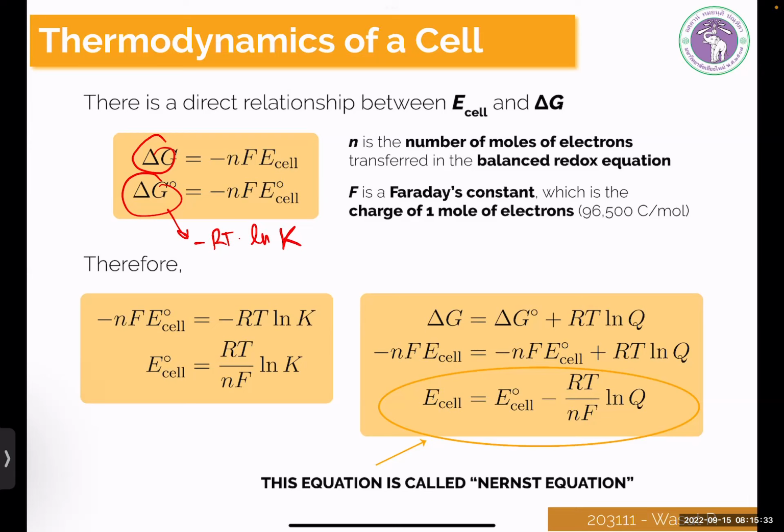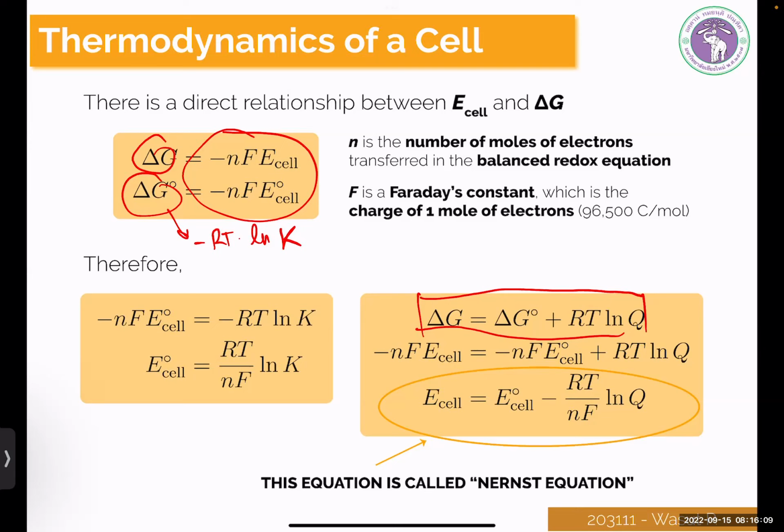And another thing that we found is what we call the Nernst equation, where we derive the Nernst equation from delta G equals delta G naught plus RT times natural log of the reaction quotient, right? So as we work out using this relationship, we found the Nernst equation to be E cell equals E naught cell minus RT over nF times the natural log of the reaction quotient.